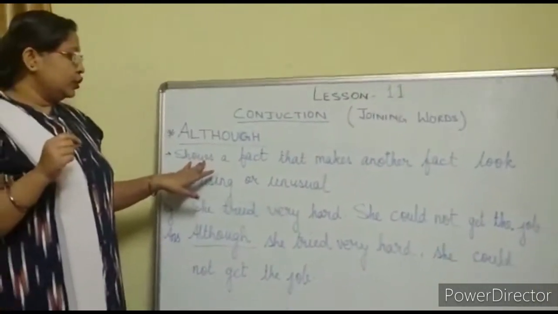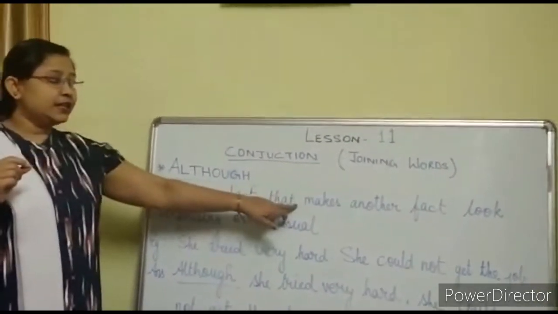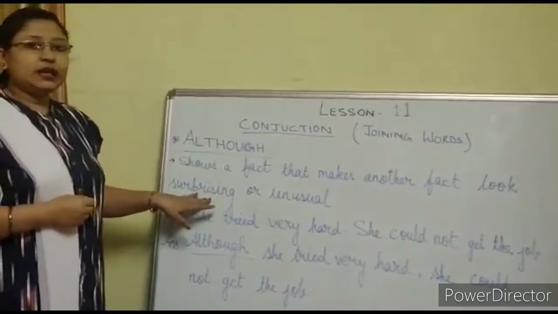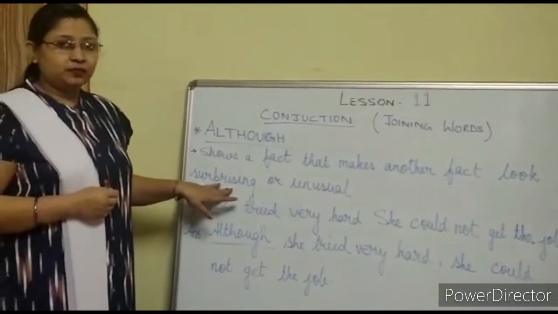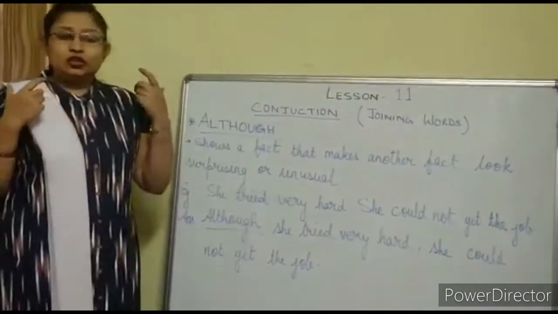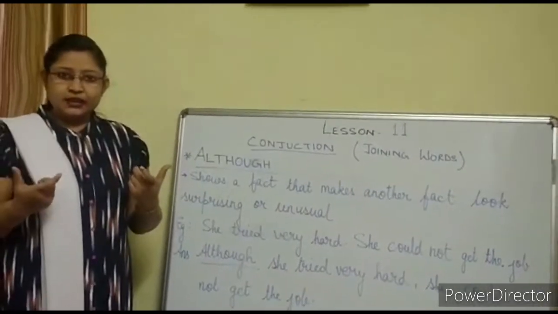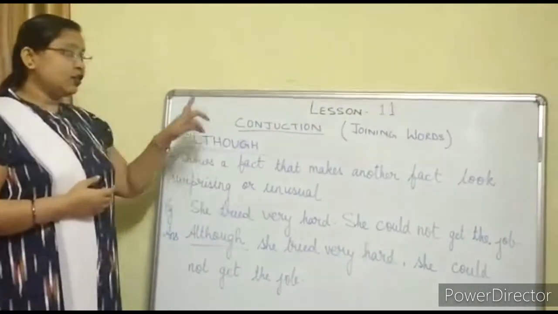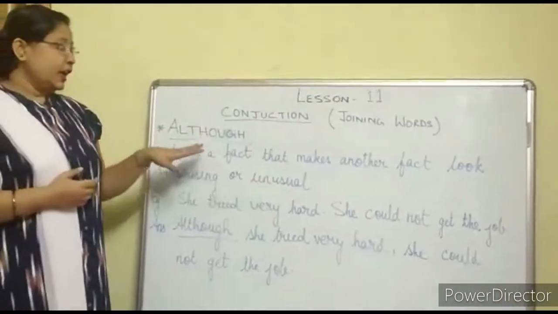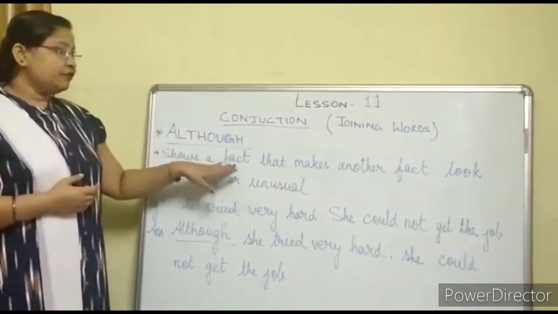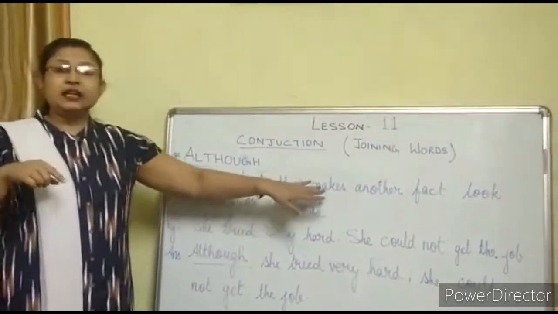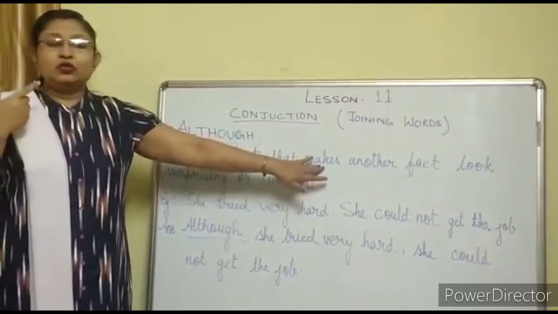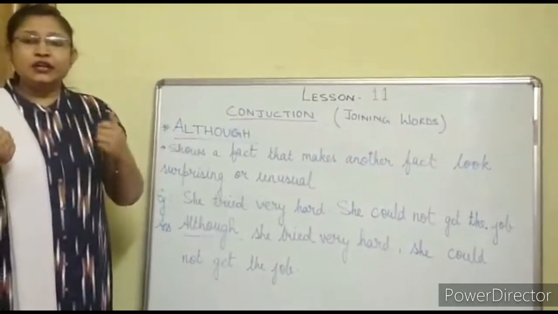It shows a fact that makes another fact look surprising or unusual. Two facts must be there in the sentence, and one fact makes the other fact look very surprising or unusual.